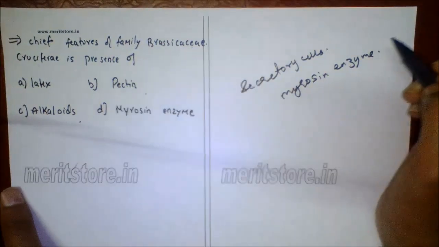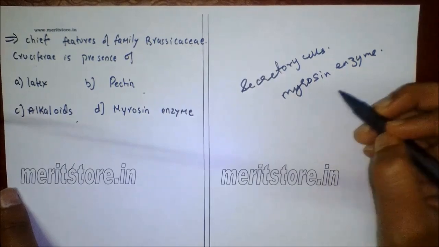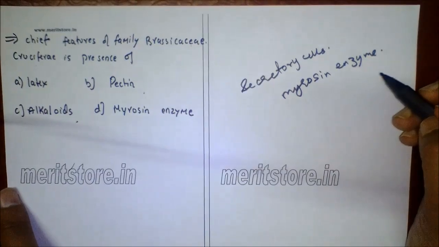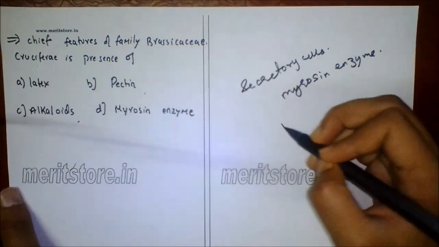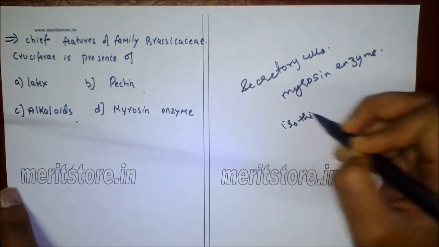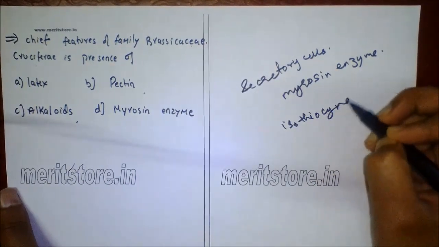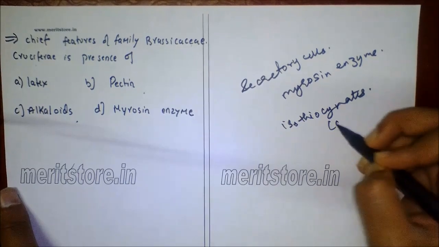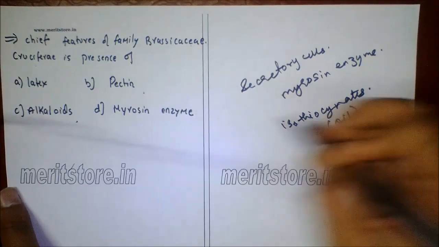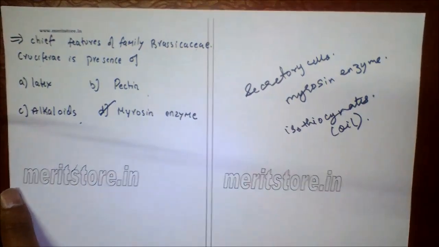This also accompanies the sulfur-containing glycosides which hydrolyze them into glucose and isothiocyanates. These isothiocyanates are nothing but mustard oil. So option D is the correct answer.